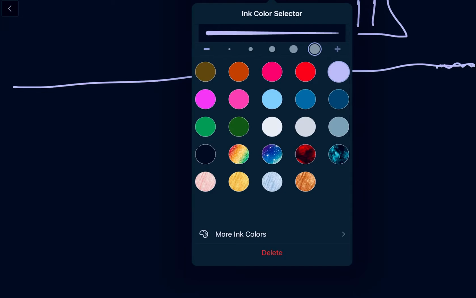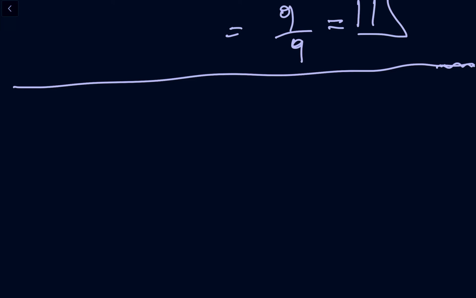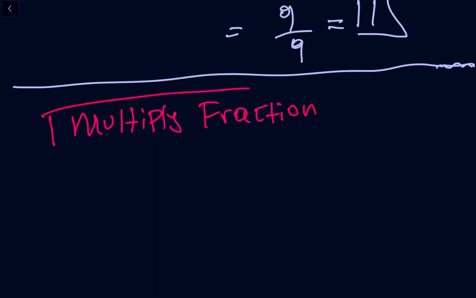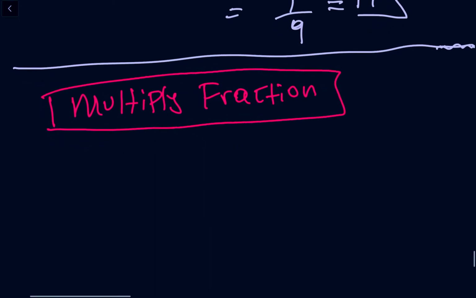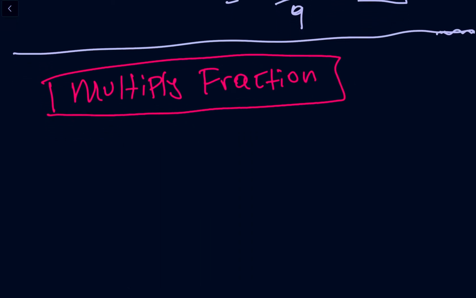Let's multiply. So we have 1 whole number 2 over 4 multiplied by 6 whole number 3 over 3.